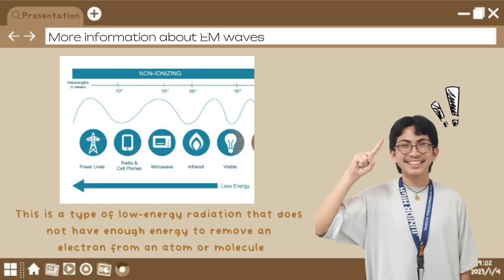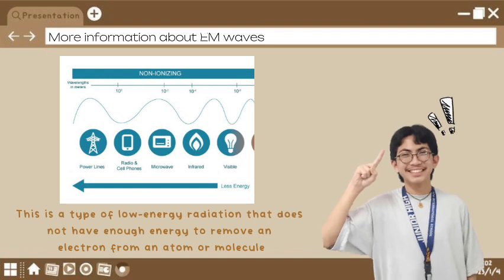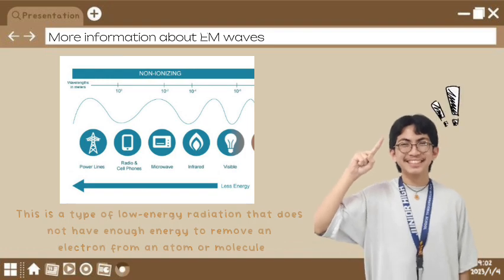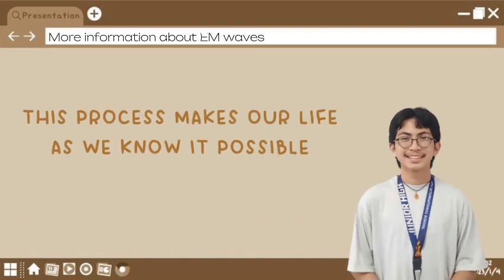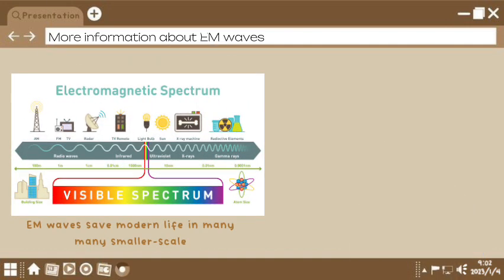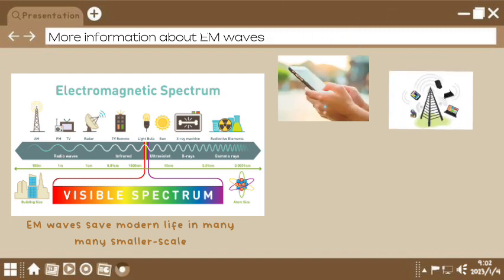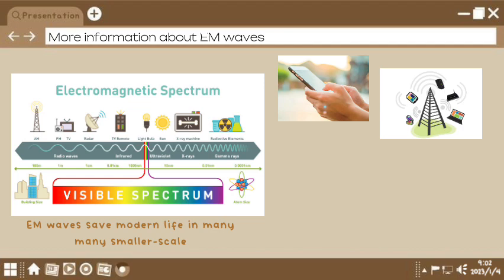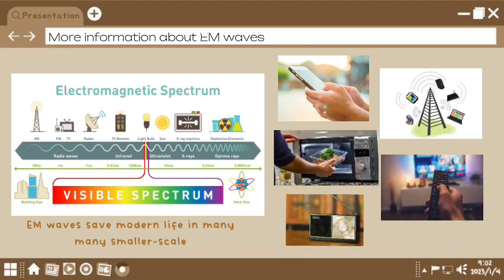It is also a type of low-energy radiation that does not have enough energy to remove an electron from an atom or molecule. This process makes life as we know it possible, and electromagnetic waves shape modern life in many smaller scale ways: your cell phone, your Wi-Fi connection, your microwave, television, and radio.